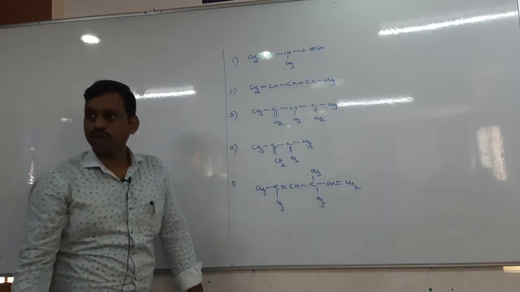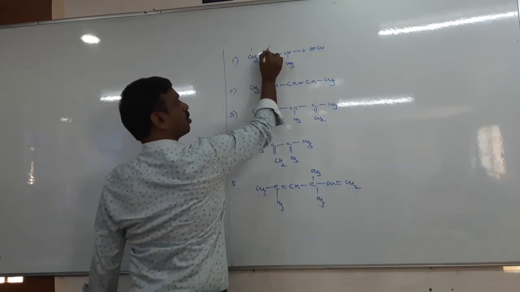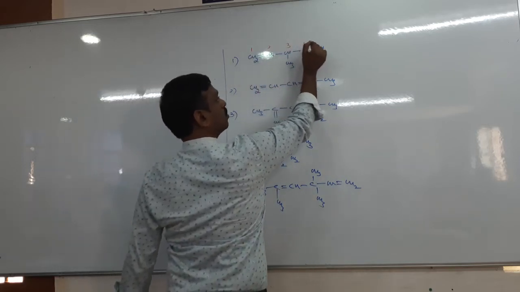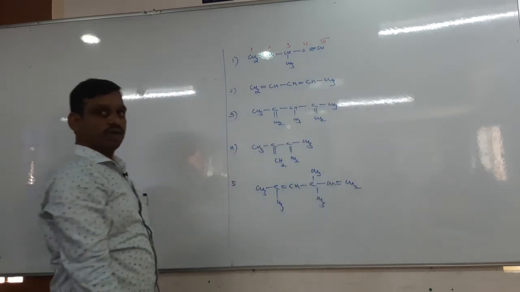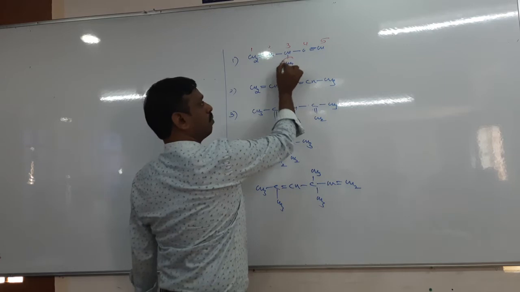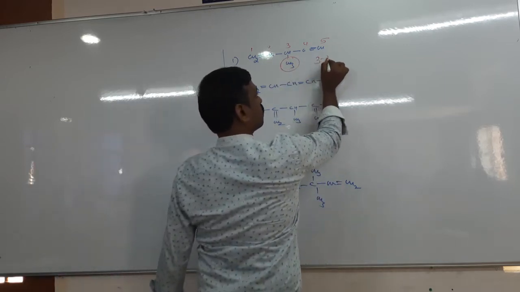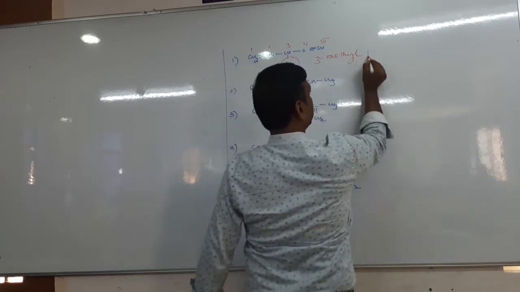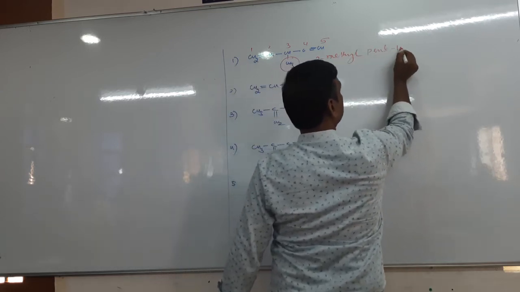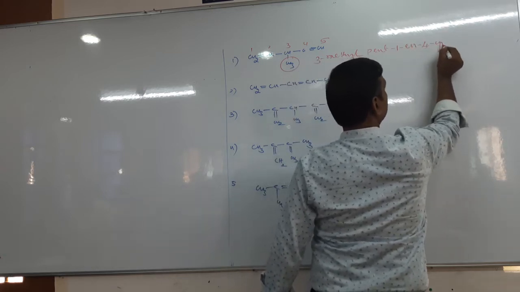If the double bond and triple bond are present in equivalent positions, more priority is given to the double bond. So therefore, what is the substituent? Methyl. Which methyl? 3-methyl pent-1-en-4-yne.